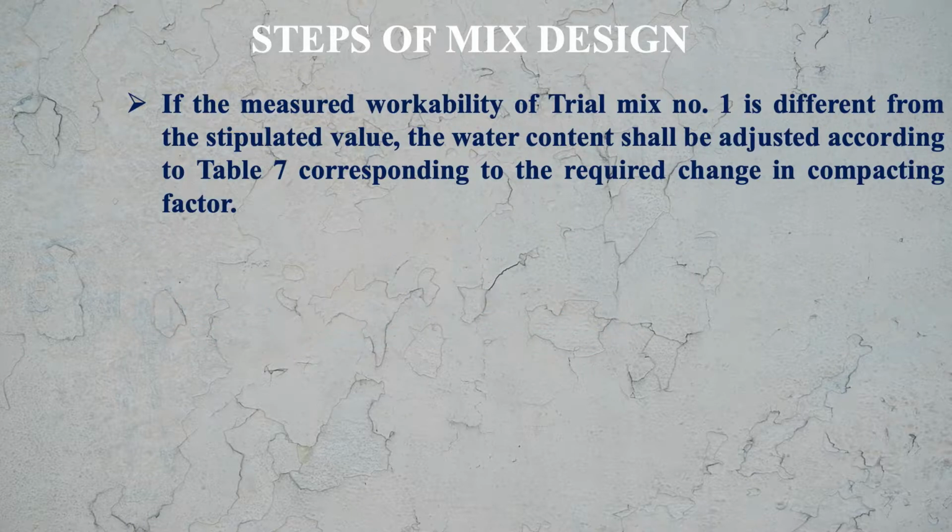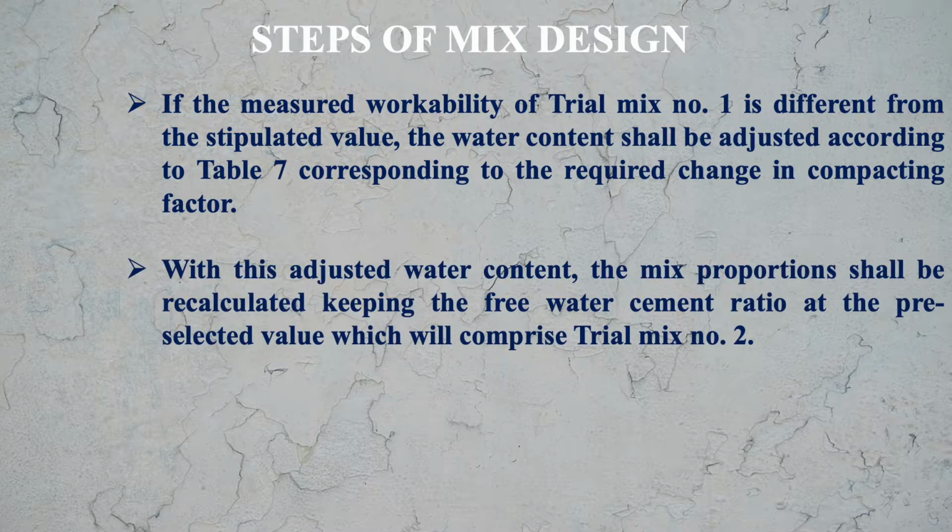If the measured workability of trial mix number 1 is different from the stipulated value, the water content shall be adjusted according to table 7 corresponding to the required change in compacting factor. So this is to be done here. Very important step.